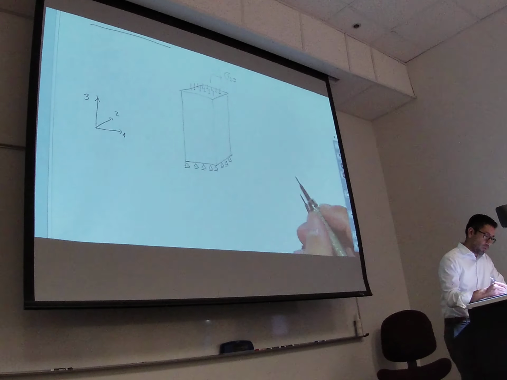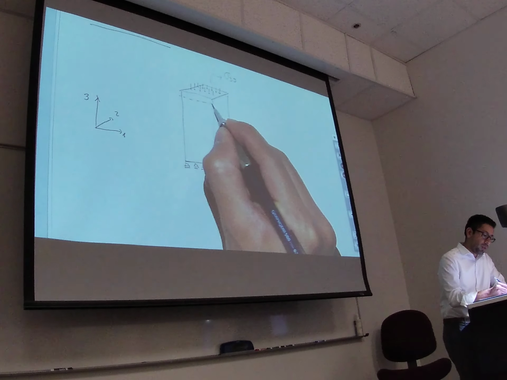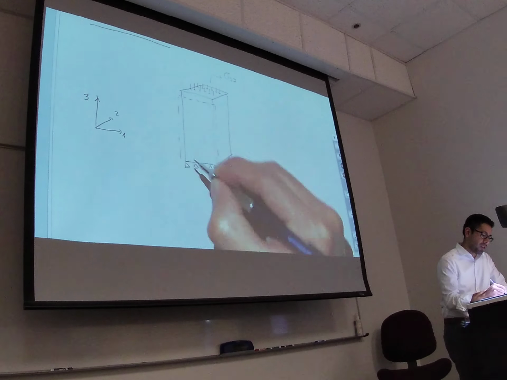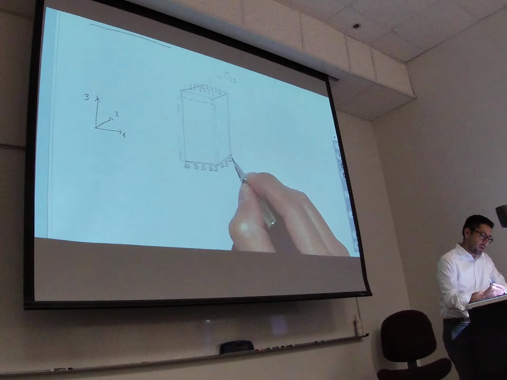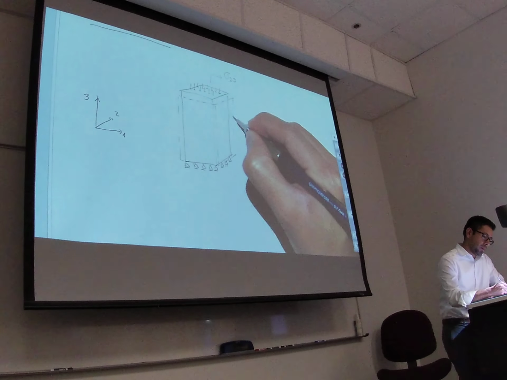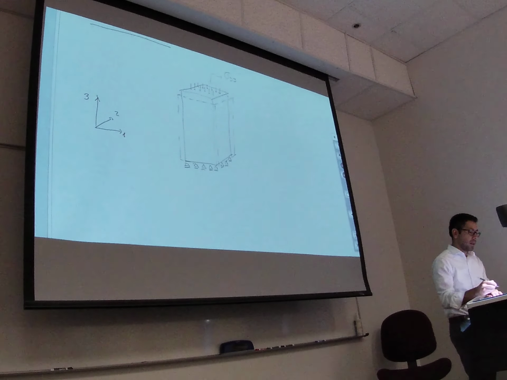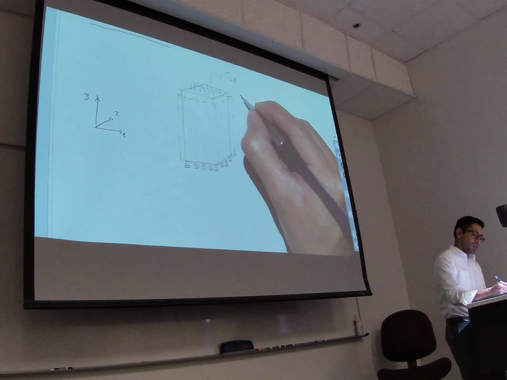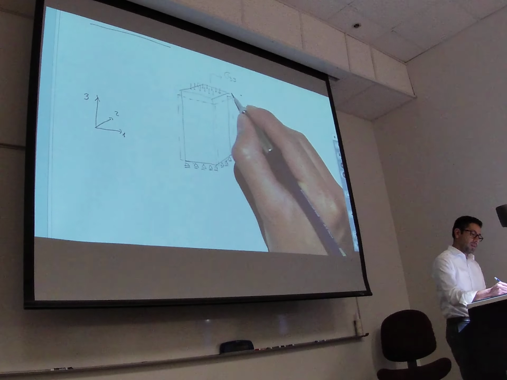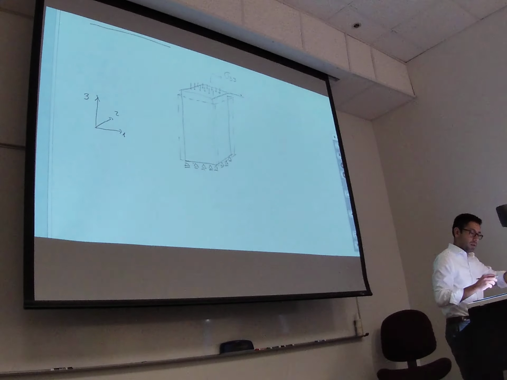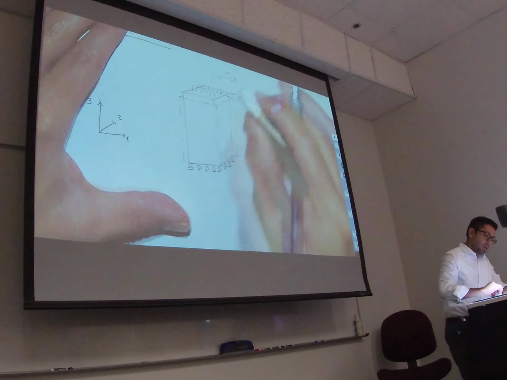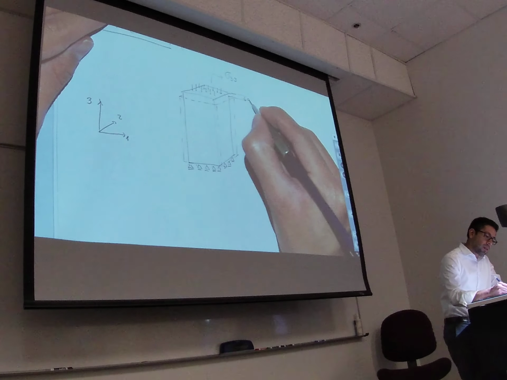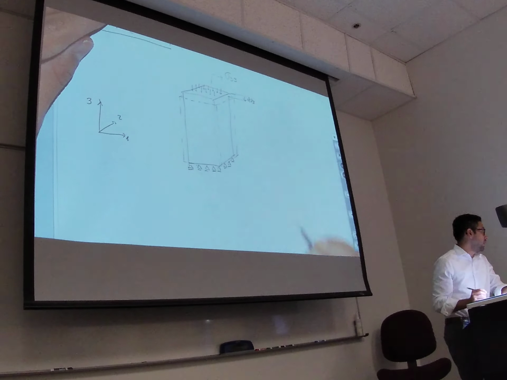So if we draw what happened here, with these dashed lines we're going to draw the deformed shape of the solid, and it's going to be something like this. It gets shorter in direction 3. So, for example, it moves a distance du3.